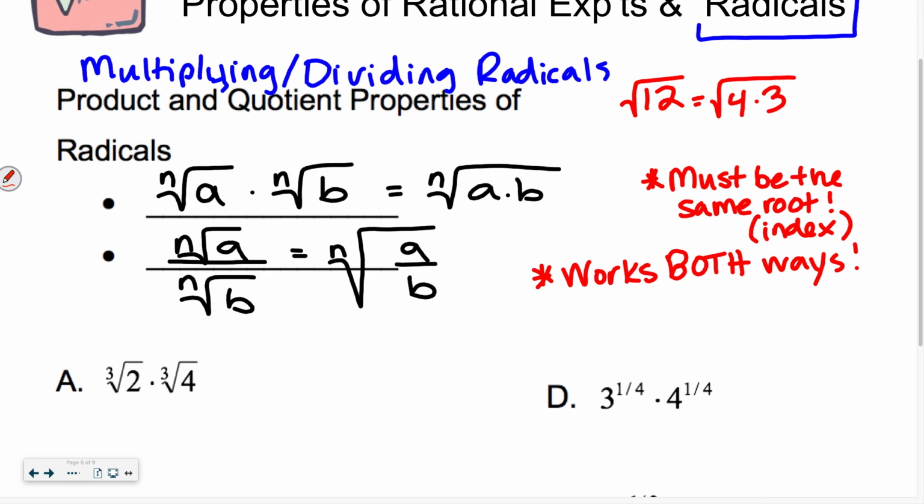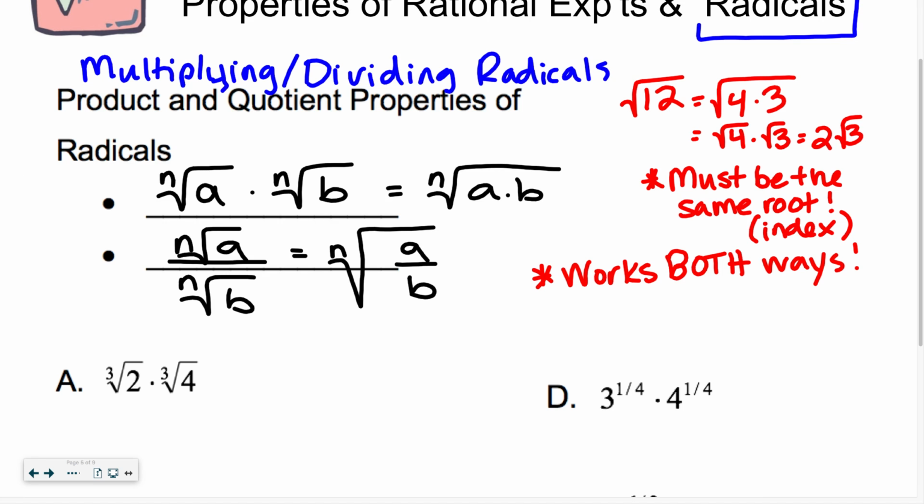And then essentially I'm using this property that says if I have the nth root of a times b underneath, I can separate it out and do the nth root of a times the nth root of b. So I'm doing the square root of 4 times the square root of 3, and the square root of 4 is 2. So all along, and we've been doing this since early on in this semester, we've been using that property of radicals. And these are already things that you have done in Algebra 1.